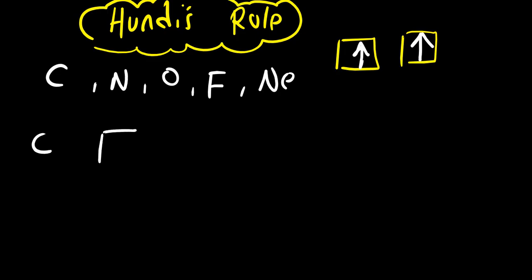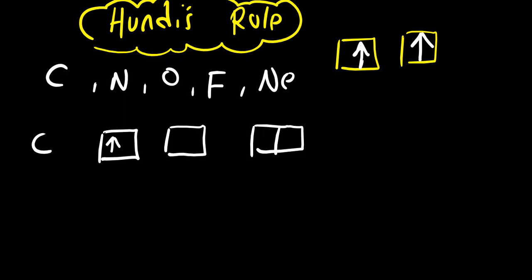Carbon has 6 electrons. So let's say these are our orbitals. In the first shell we're going to have 2.